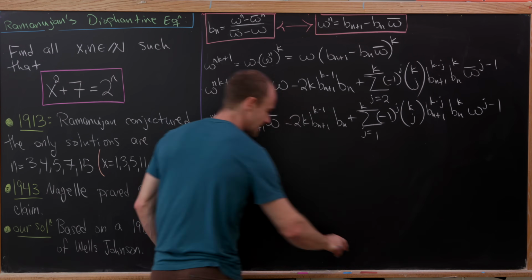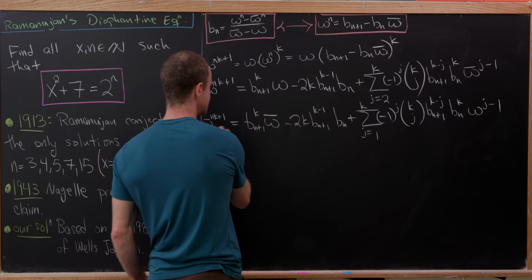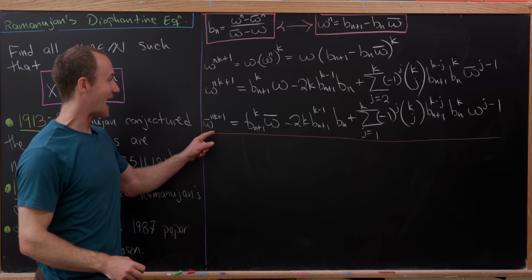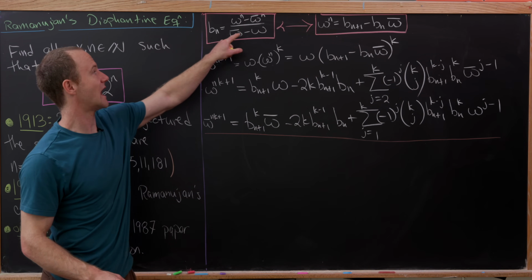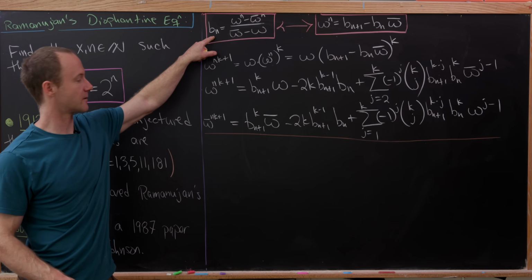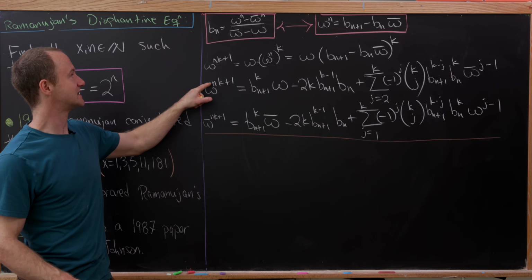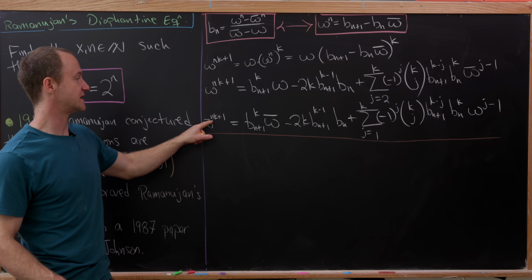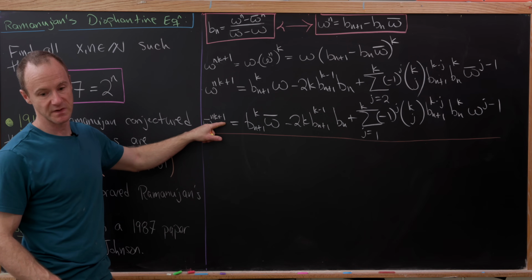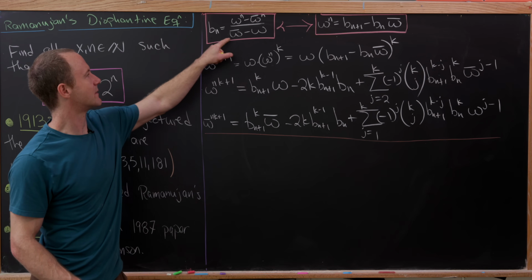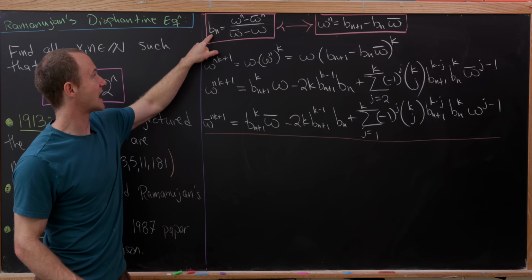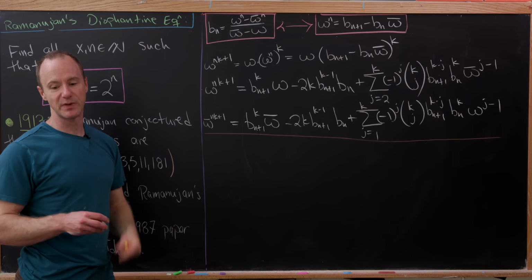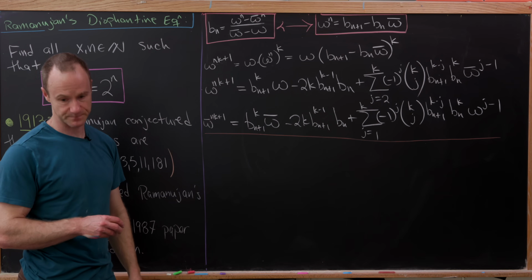Okay, so next up I'll take these two expressions and subtract them. And as I subtract them, I'll apply this rule right here. So notice here I'll have omega to the nk plus 1 minus omega bar to the nk plus 1. So that'll end up giving me b sub nk plus 1 times this object right here, depending on the order of subtraction.